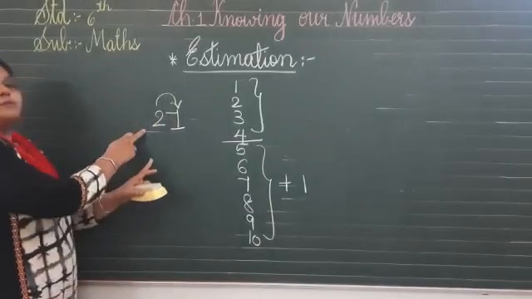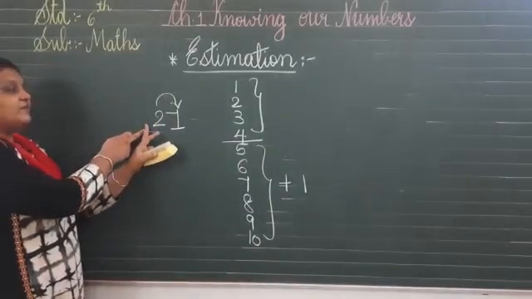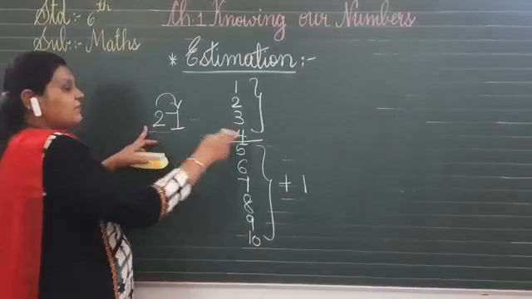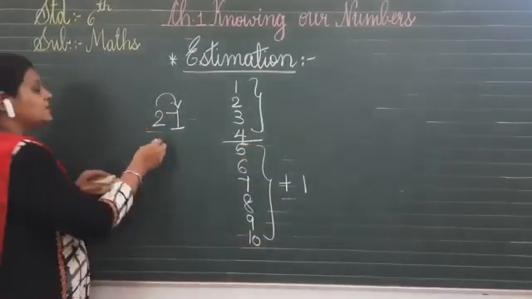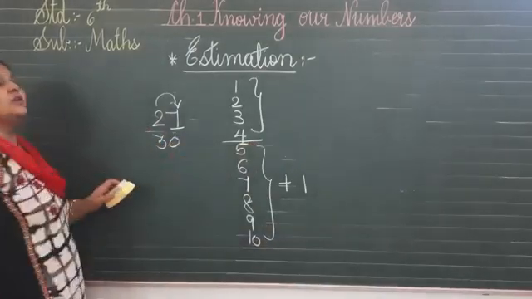So the rounded number of 27 is 30, because 7 falls in this category, so we add 1 to the tens.